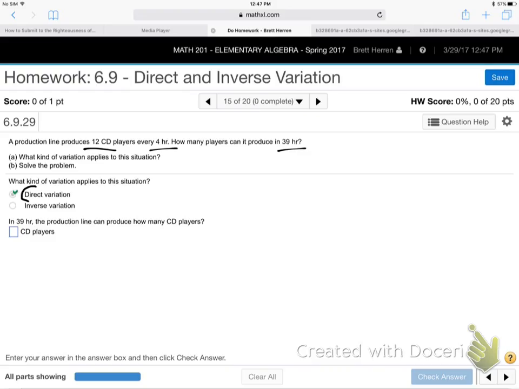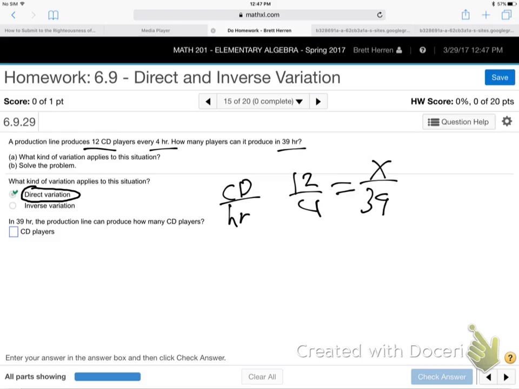I actually answered it for you already. It is direct variation. You could solve the final answer easily. We have 3 numbers, so it's CDs over hours. 12 over 4 equals x over 39, with hours on the bottom.